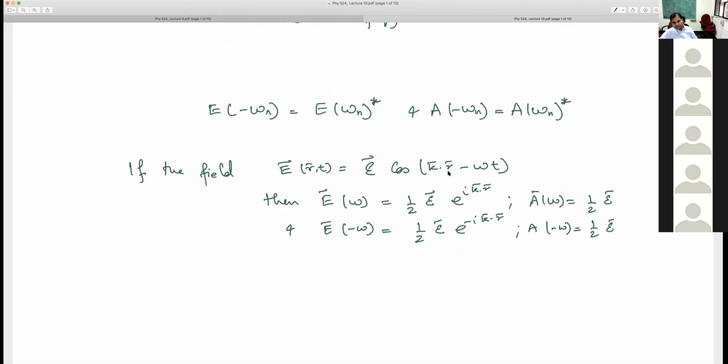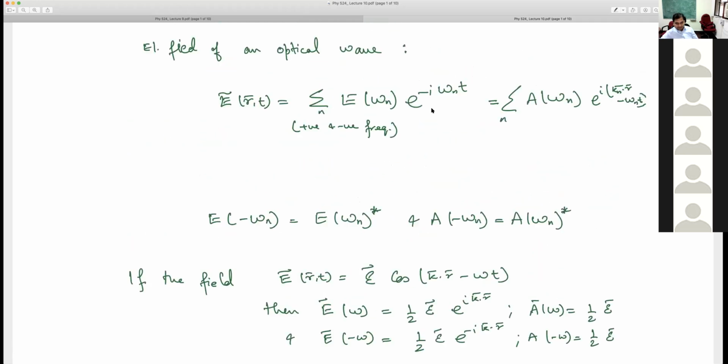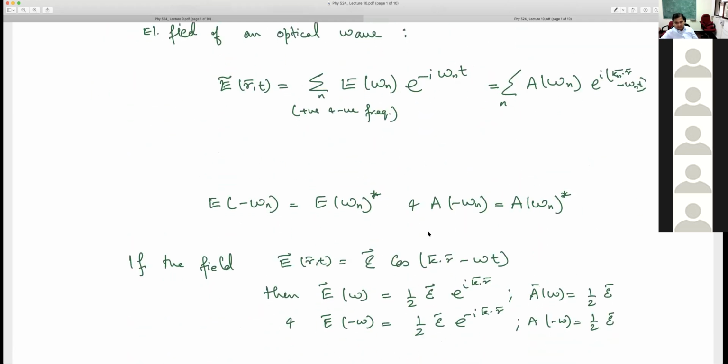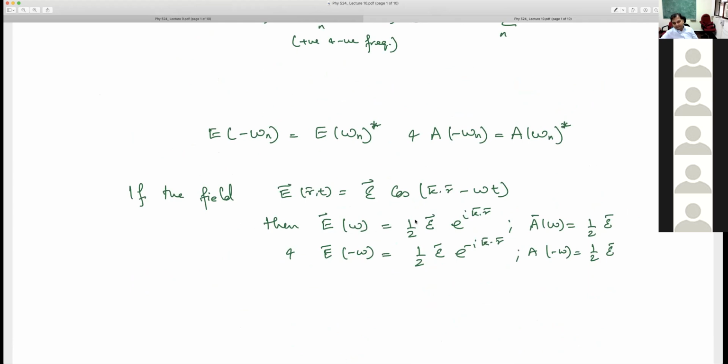And if we take a concrete example, for example, if you demand that E in real space and time, the real electric field, is given by this vector xi, so the polarization vector, times cos of (k r minus omega t), then using this definition you can immediately show that E of omega is half of this polarization vector times e to the power i k dot r.